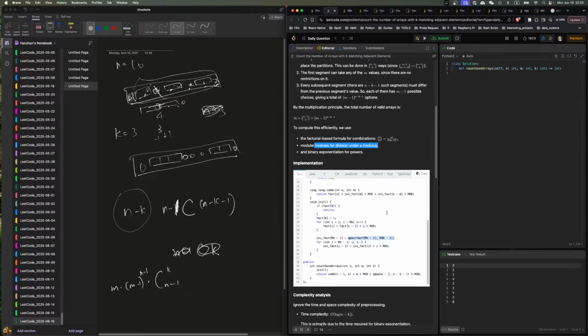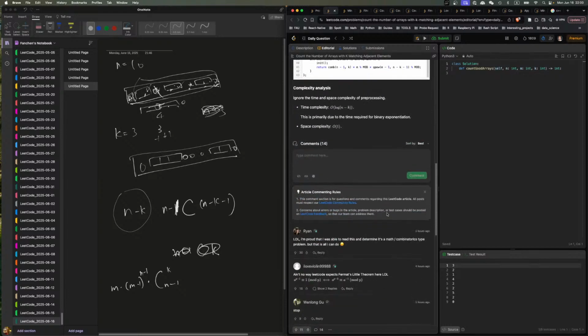I don't remember modulo inverse. Oh yes, it's Fermat's little theorem. Yes. P minus 2. A to the P minus 2.